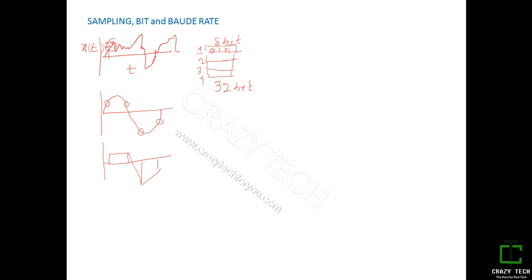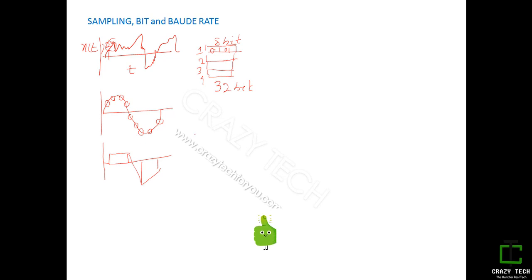No. So what I need to do is take samples in very close proximity, so that I am able to reconstruct my original signal. There is a formula for how closely I need to sample this signal so that I can recover it without any loss of information.